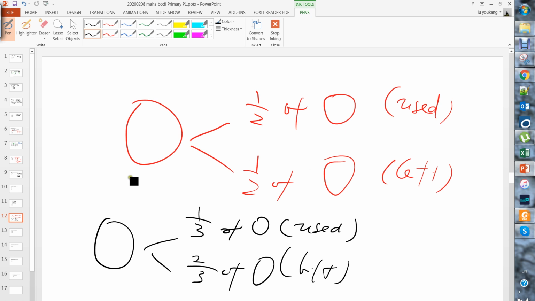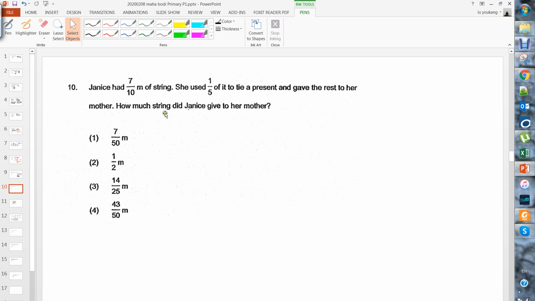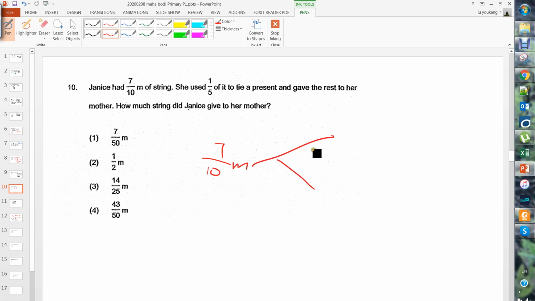So similarly, we come back to this. It says you start with 7 over 10 meter of string. So how much is used? 1 over 5. 1 over 5 of the string is used, right? Used for what?